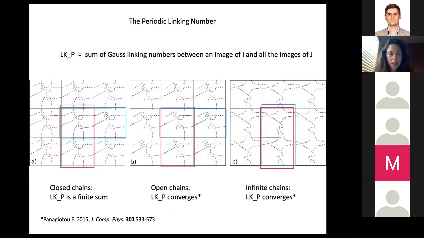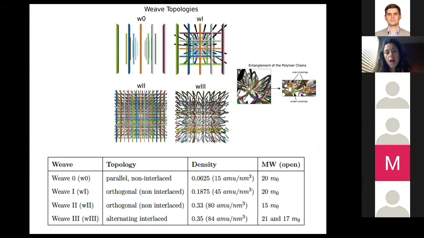In a more mathematical sense, for someone who is more interested in that, you can imagine that this definition defines a linking number in the 3-torus using the infinite cover of the 3-torus.